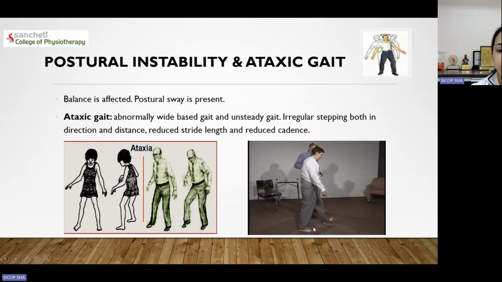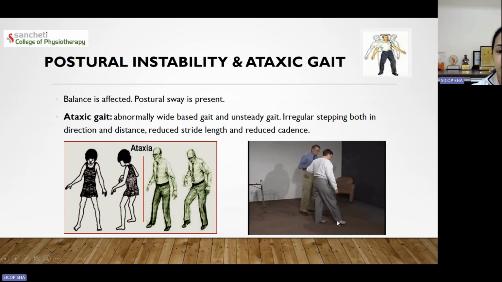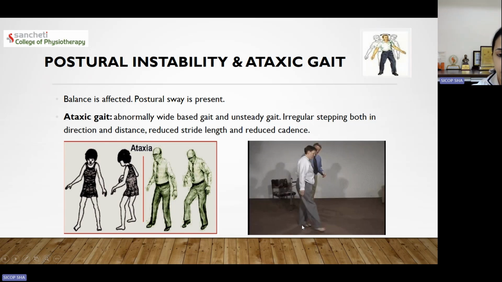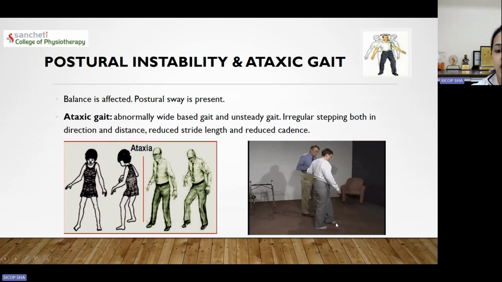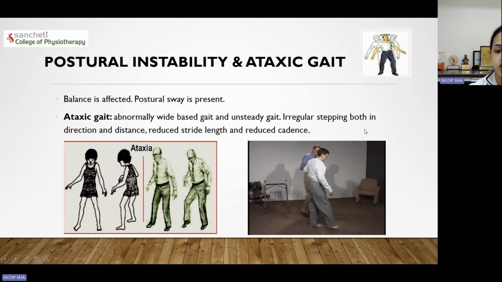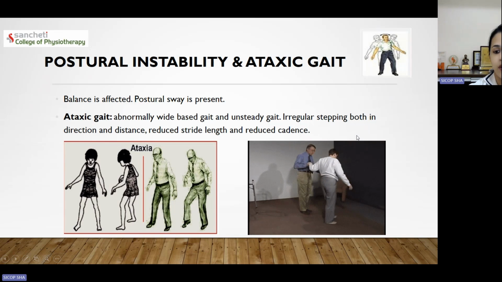And here, when the person is walking, you can see irregular step length. So sometimes the step length is larger, sometimes the step length is smaller. So there's a lot of irregularity. Okay, and so there is irregular stepping both in direction and distance. Okay.